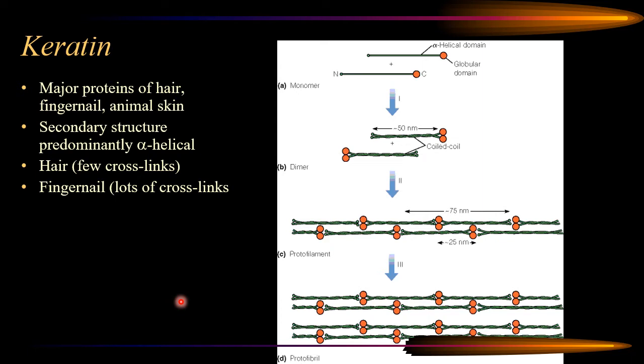So let's solve the seeming problem as to why hair is soft, whereas fingernails are harder. Hair, as you can already read, has fewer crosslinks, so that makes it softer. And in the fingernail, there are lots of crosslinks among these filaments, and that makes it harder.